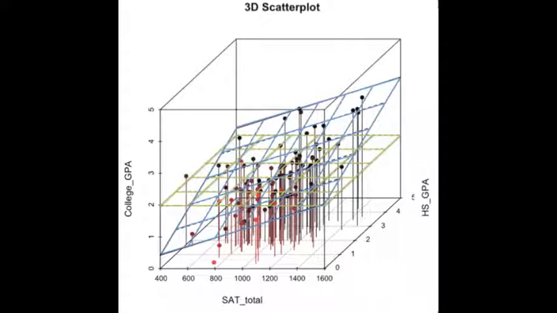And no matter what your SAT score was, your expected value for your college GPA would have been 1.98. So you can see that if there's no effect of predictors, our expected value is the green plane, and our variance around that is our error around the green plane. But when we add in that blue plane, now we have a shorter distance from our lines to the blue plane, so we save some error.